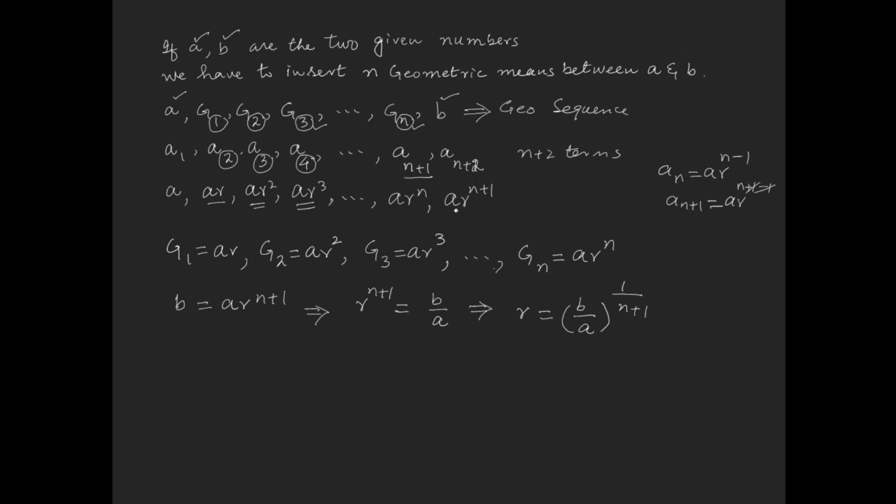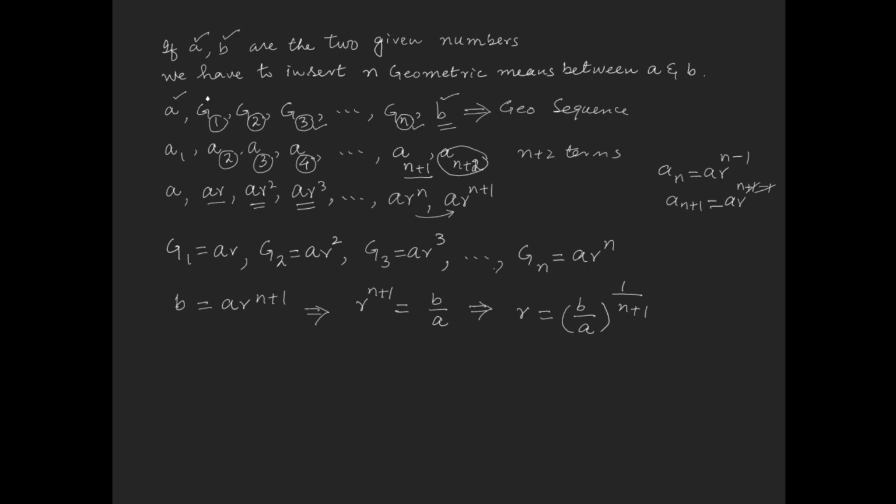And for the next term, multiply R again with it, and we get AR to the power n plus 1. So AR to the power n plus 1 is the A n plus 2 term. But the A n plus 2 term is B. B is the A n plus 2 term and its value is AR to the power n plus 1.